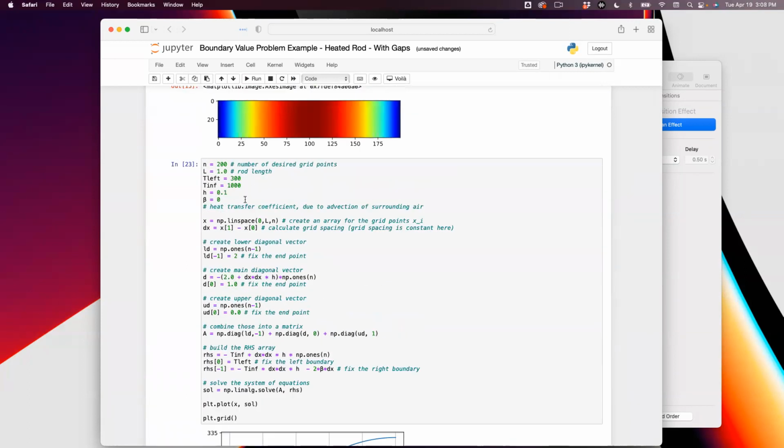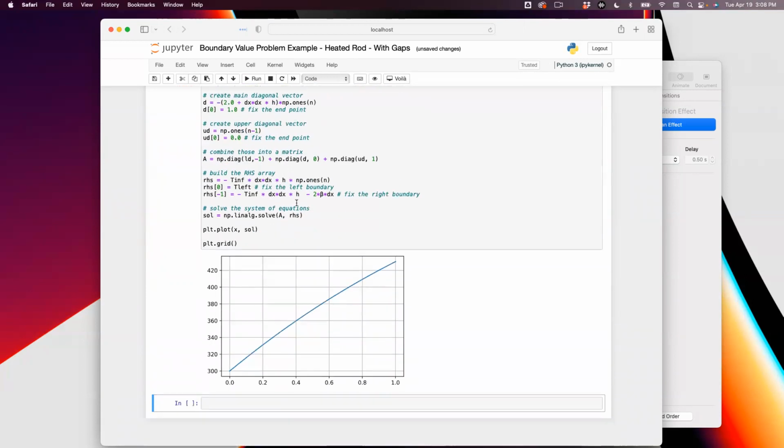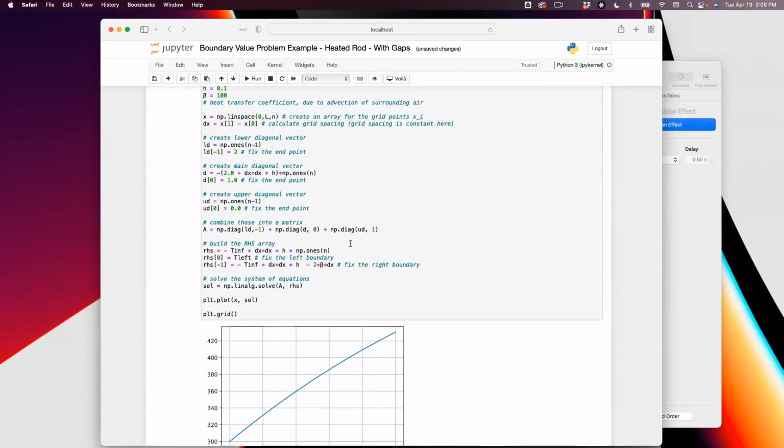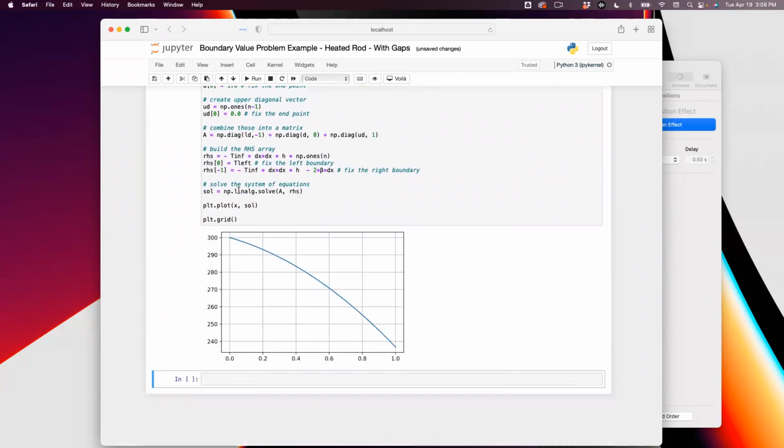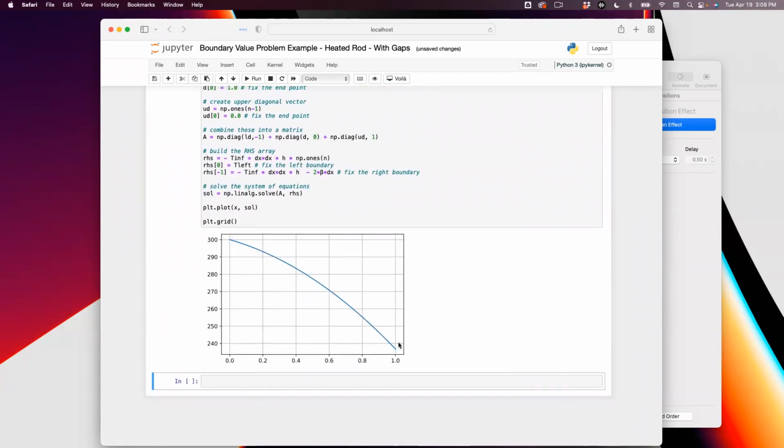same thing. Another test: for beta positive, the curve should have a positive slope. For beta negative, the curve should have a negative slope. So for beta positive, let's do 100. It is indeed a positive slope. For minus 100, it is a negative slope.